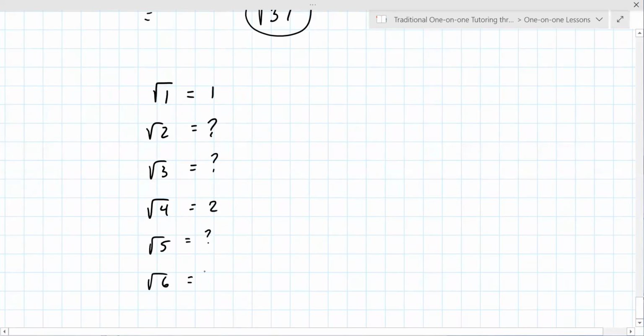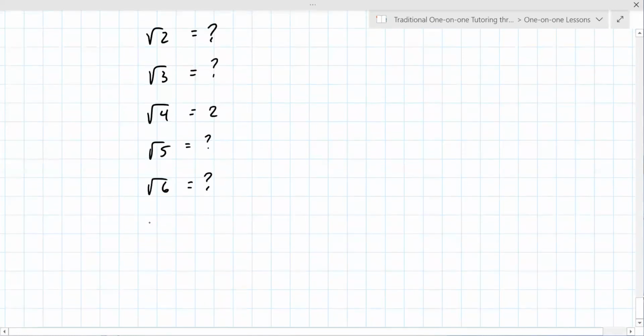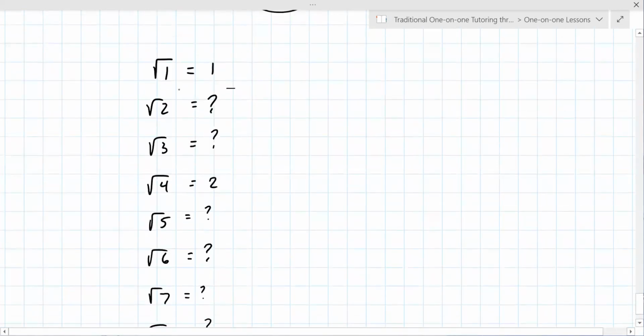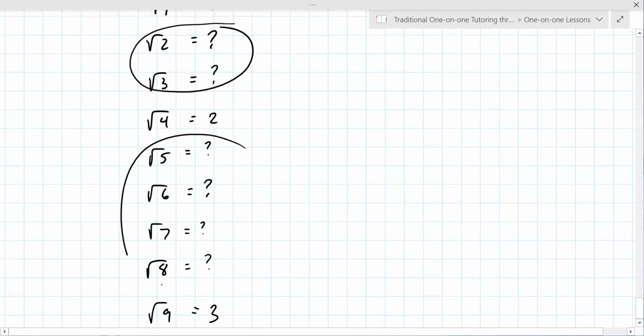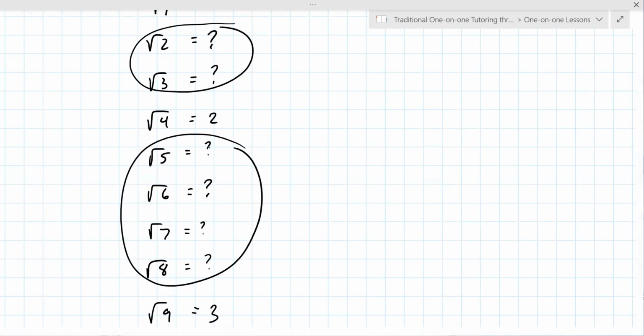The square root of 6 we don't know. The square root of 7 we don't know. Square root of 8, same thing. But the square root of 9 is 3. So most of them you do not know, and that's the point here. You don't know that group, you don't know that group, and it only gets bigger. There's actually more square roots that you do not know than those that you do know.